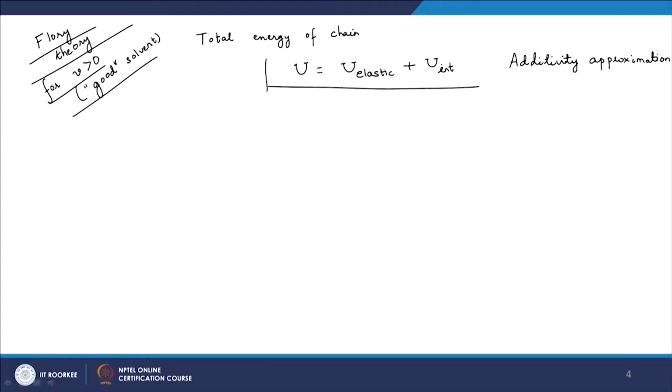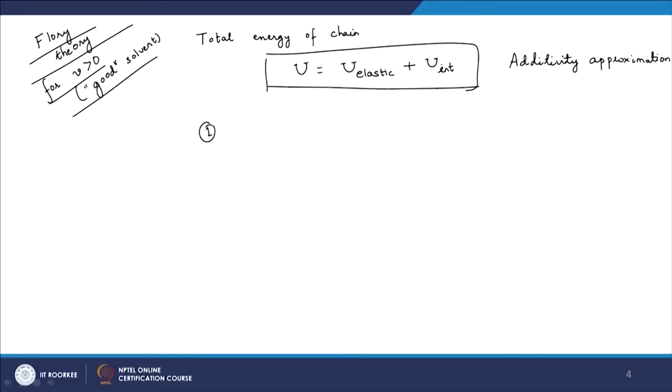What we say is that the degrees of freedom due to elastic energy are independent of the degrees of freedom due to interaction energy. We are not going into details here, but this is one of the first approximations that Flory made in his theory, although it is not the most serious one. We will come to the most serious approximation next.